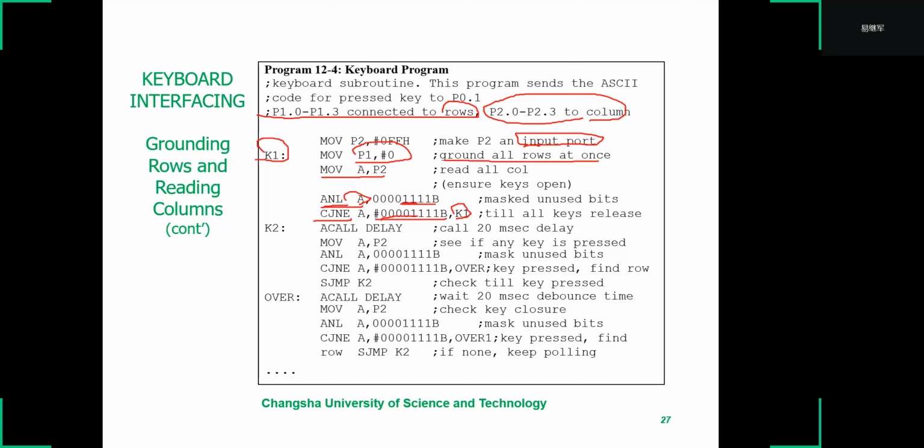If no key is pressed, port 2 bits 0 to 3 will be 1, so the result is equal to this value.